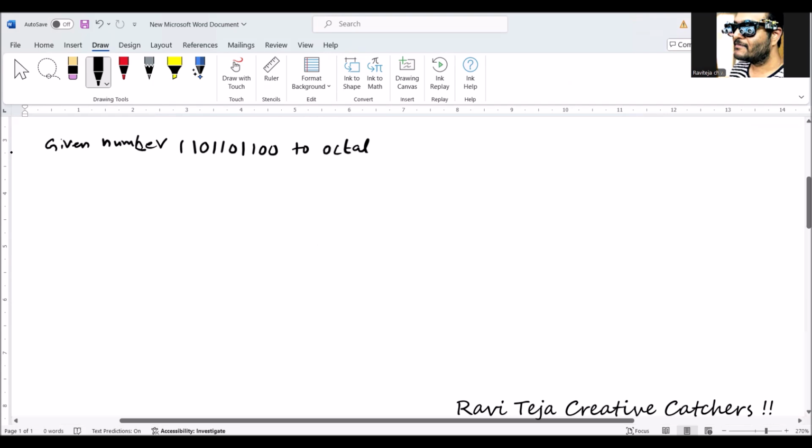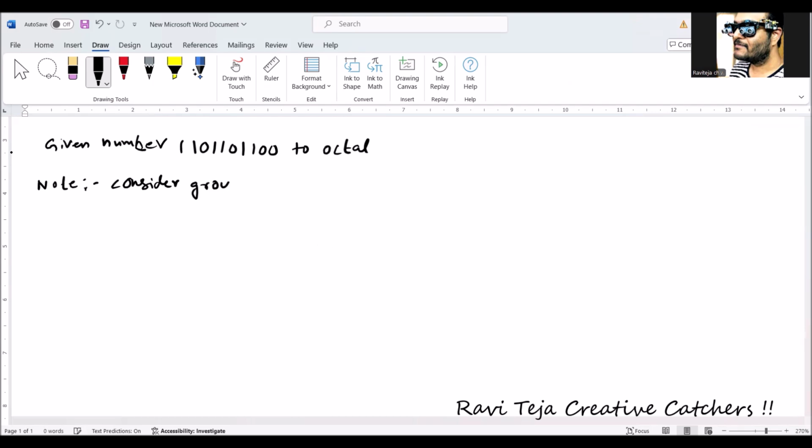So note, for the octal representation, consider a group of three bits.